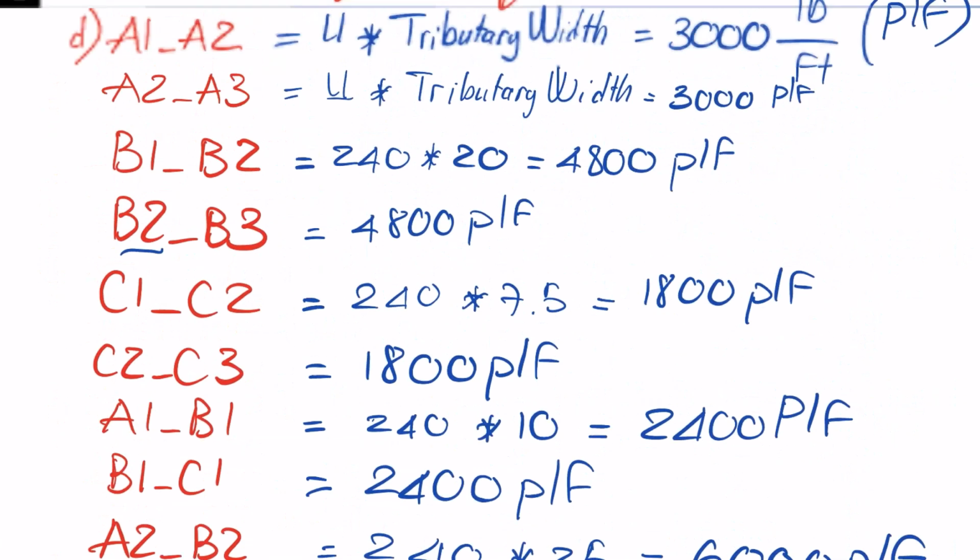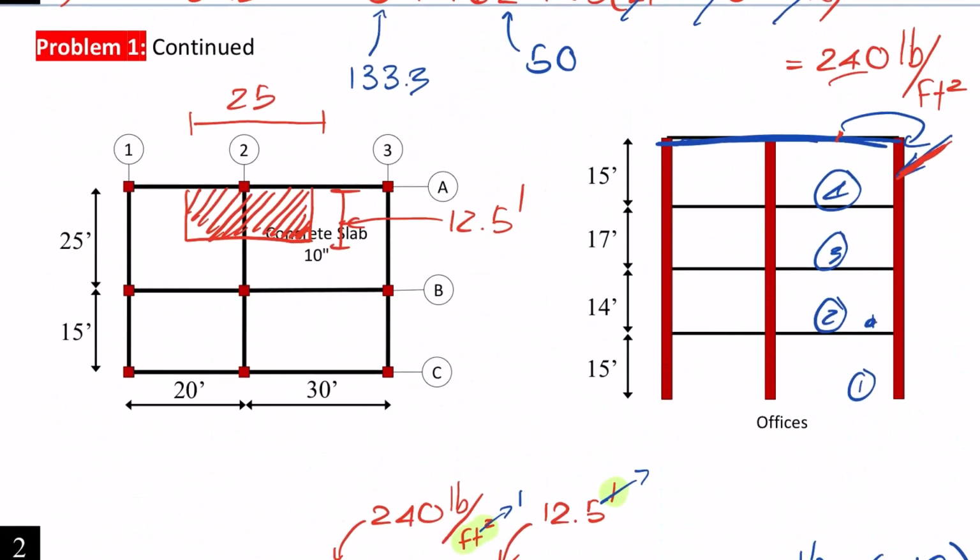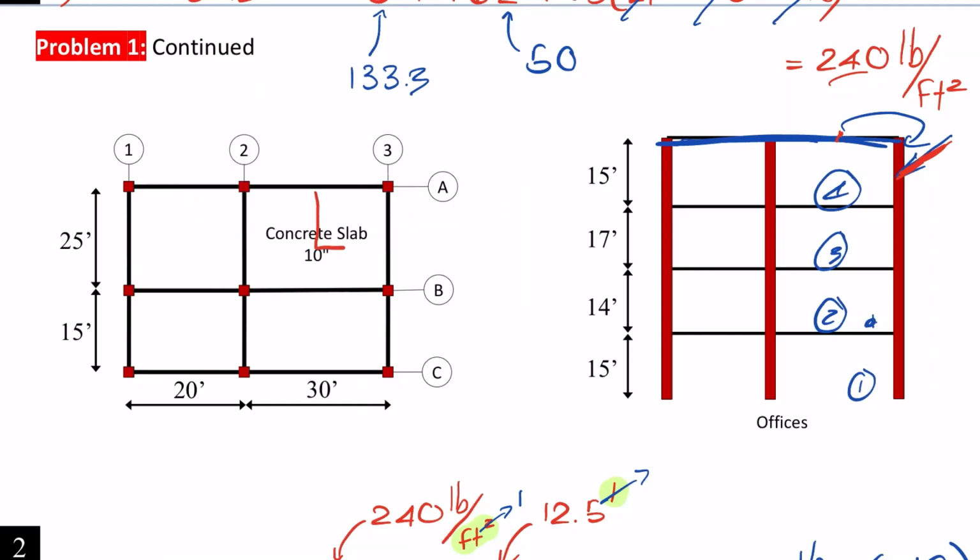Similar like that for A3. You can check A3 over here. So A3, this is the tributary area. From here to here, the thickness of that is 15, and 12.5.